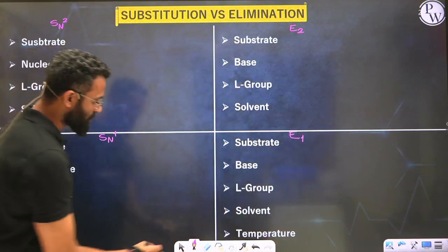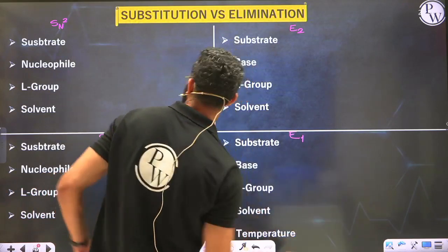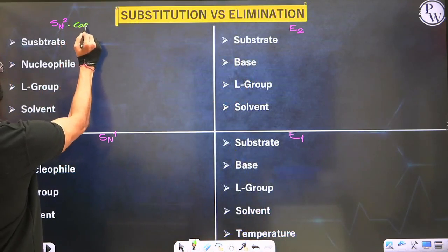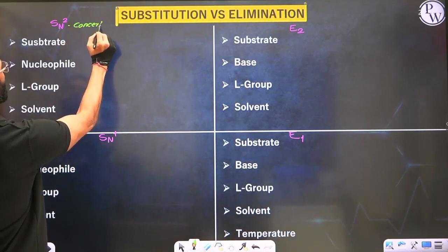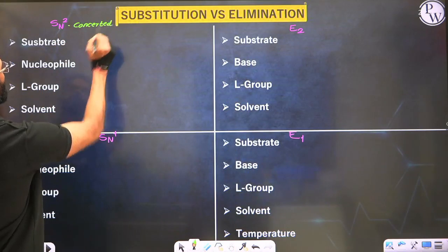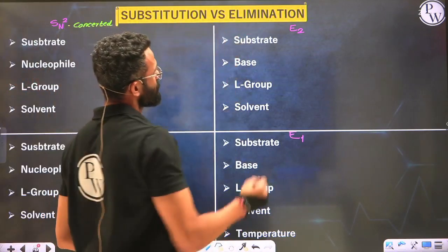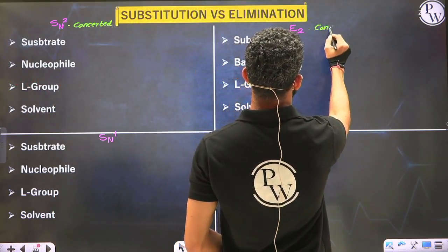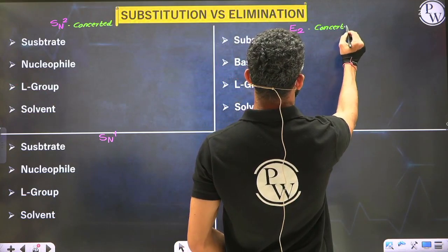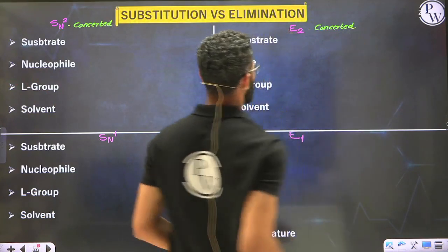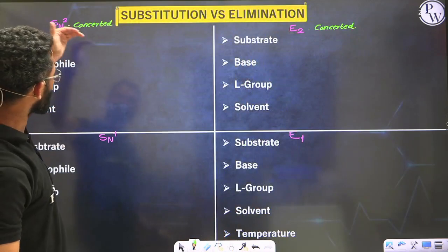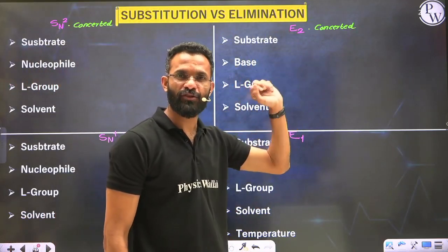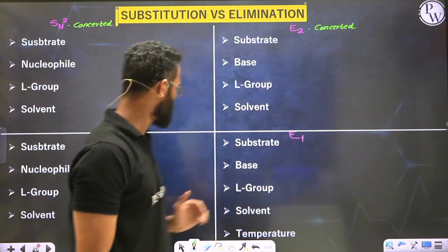I want you guys to remember the key feature of all the reactions. So SN2, what is the key feature? It's a concerted step. For E2, what is the key feature? Concerted. Simultaneous. Just that here, simultaneous attack of a nucleophile and departure of leaving group. In E2, simultaneous abstraction of a beta hydrogen and departure of a leaving group. Right?